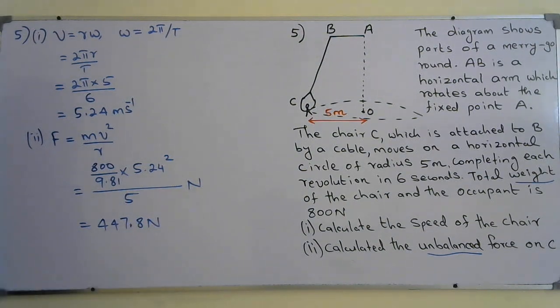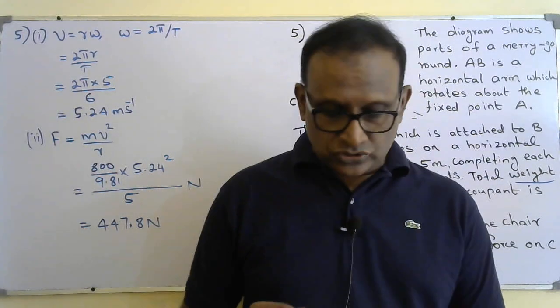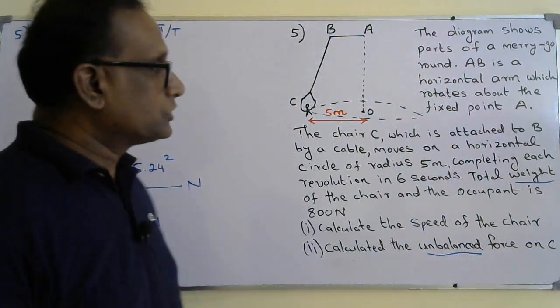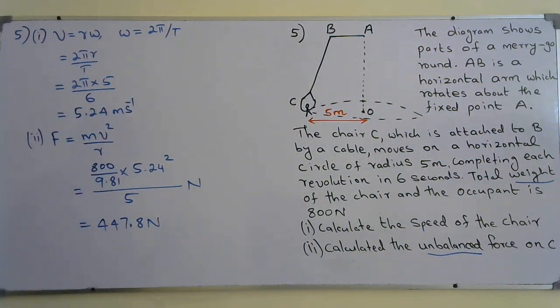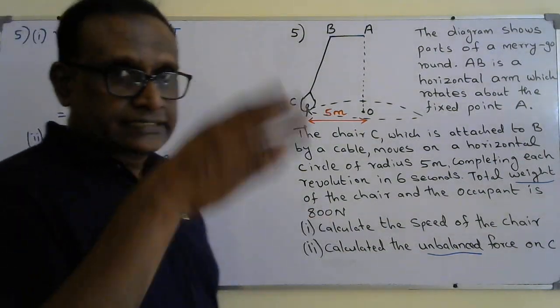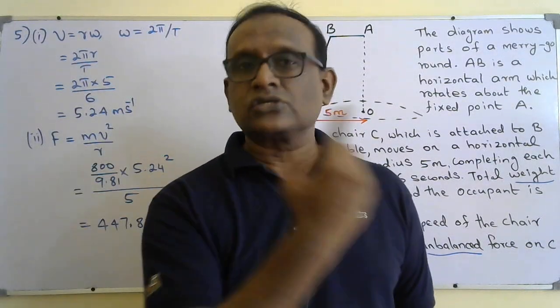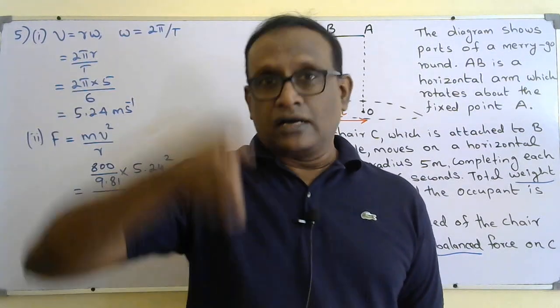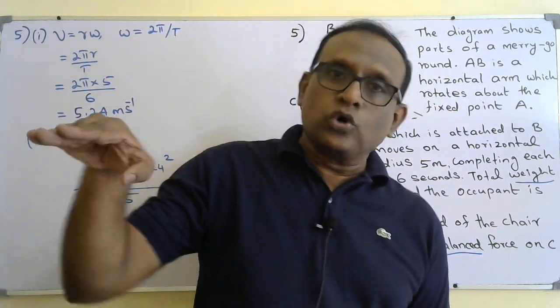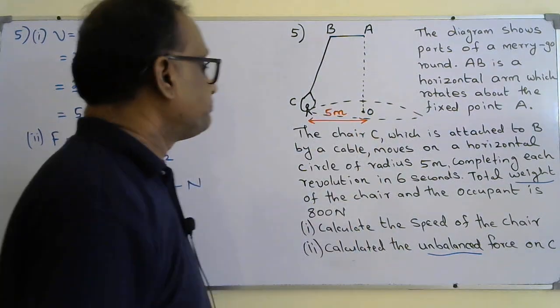So that is the unbalanced force or centripetal force, both the same in circular motion, towards the center. There is no unbalanced force in the vertical direction because it is moving on a horizontal circle. The unbalanced force is only towards the center O.